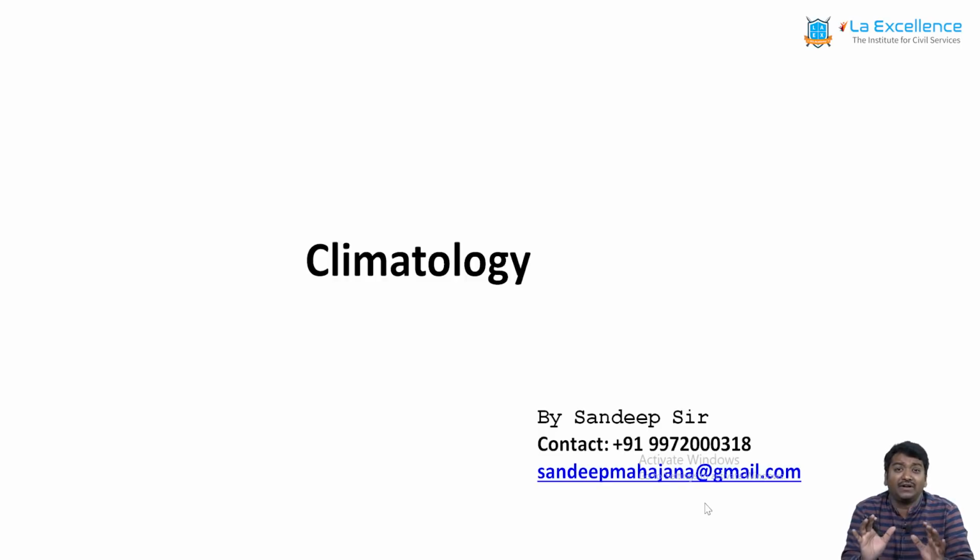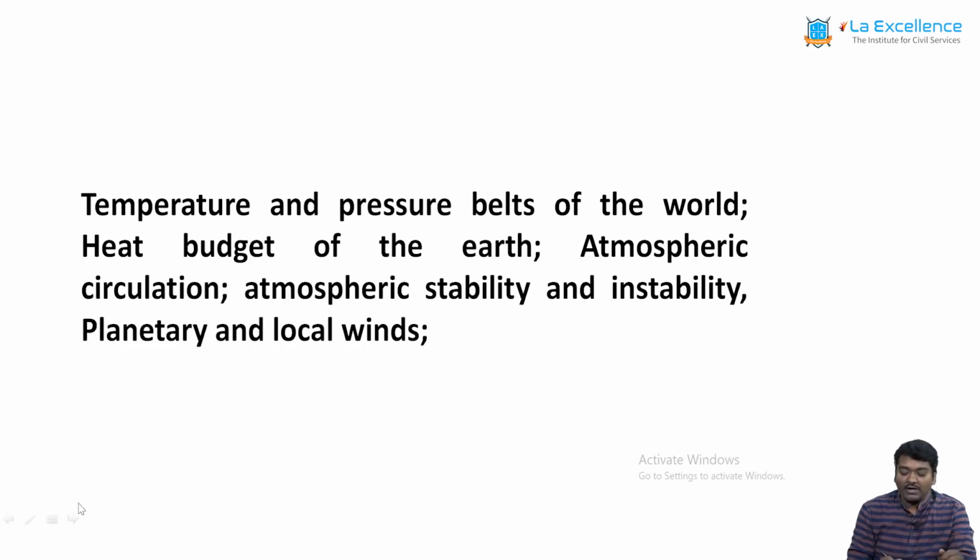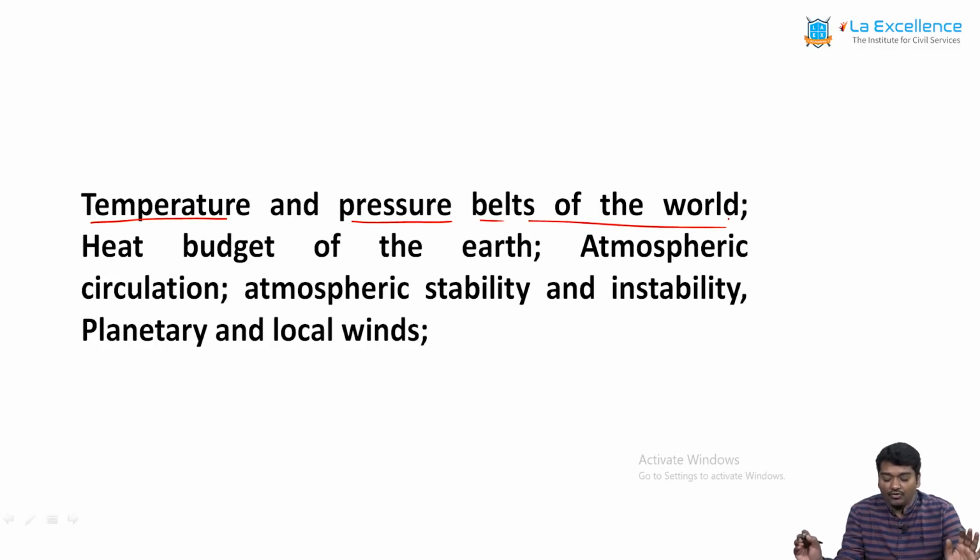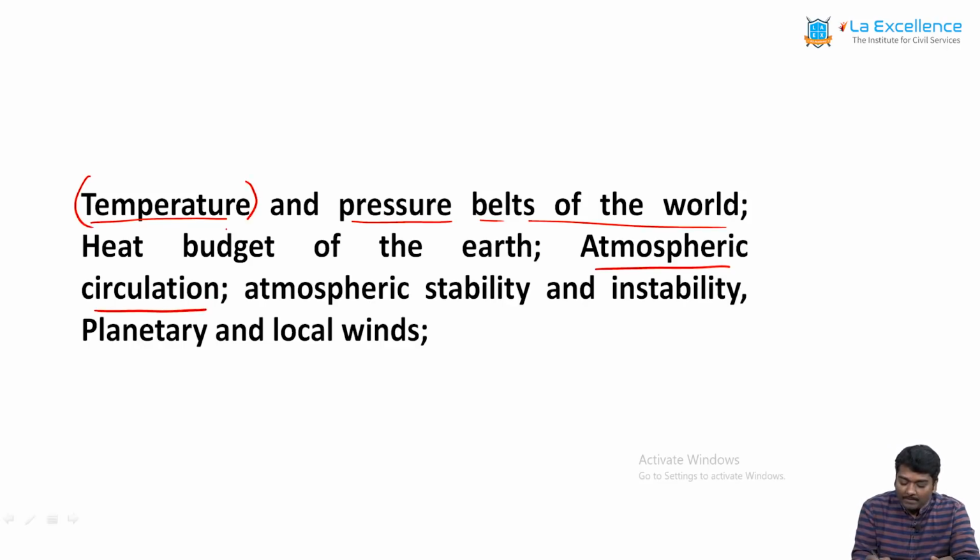And this is another important area where you see repetitive questions. So let us quickly see what are the areas that we need to understand. As soon as I start, you know that you have temperature and pressure belts of the world, where we have to talk about this along with atmospheric circulation. First, let me talk about temperature.